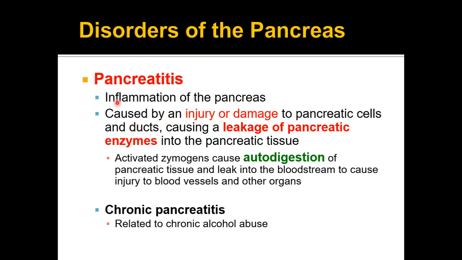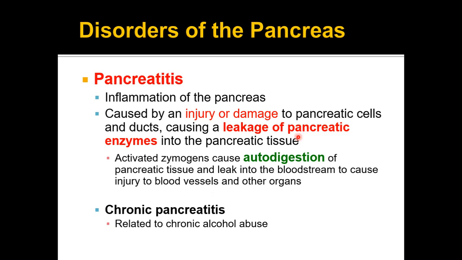So pancreatitis is basically a result of a leakage of pancreatic enzymes into pancreatic tissue. So remember, exocrine pancreas functions as a normal exocrine organ would. So these enzymes are made by the acinar cells in the pancreas and then delivered to the duodenum by way of pancreatic ducts.